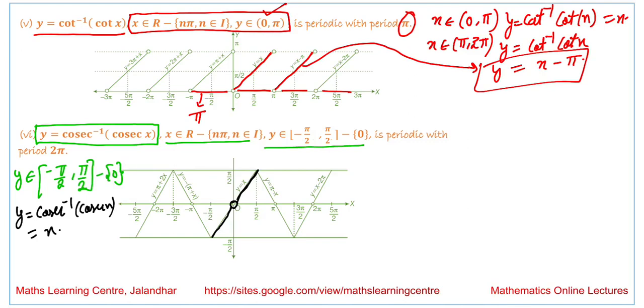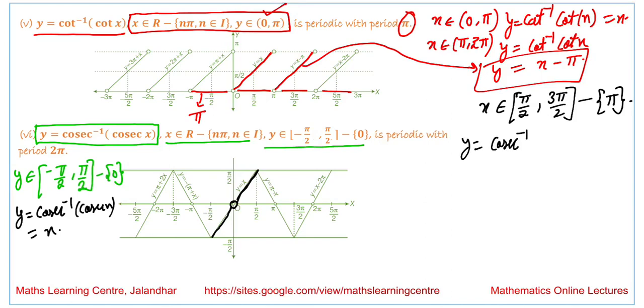Next, suppose x belongs to the interval pi by 2 to 3 pi by 2, except for the point pi where cosecant is not defined. In this interval, if we try to solve y is equal to cosecant inverse of cosecant x, it means cosecant y is equal to cosecant of x.